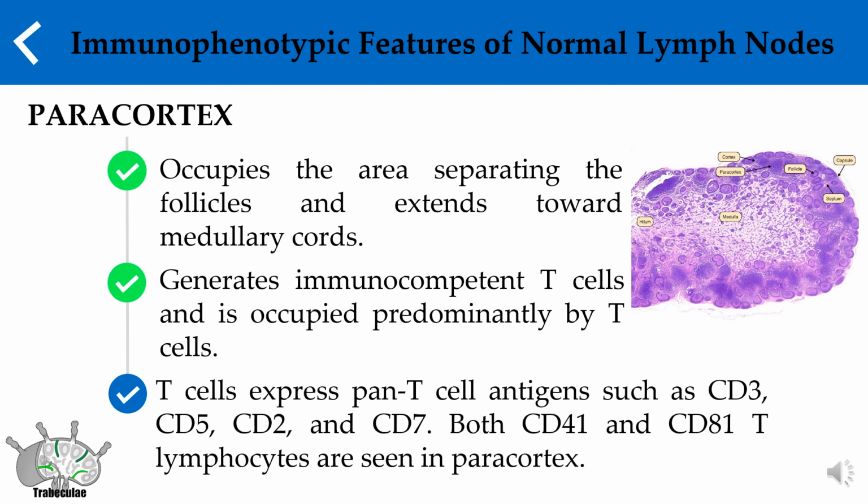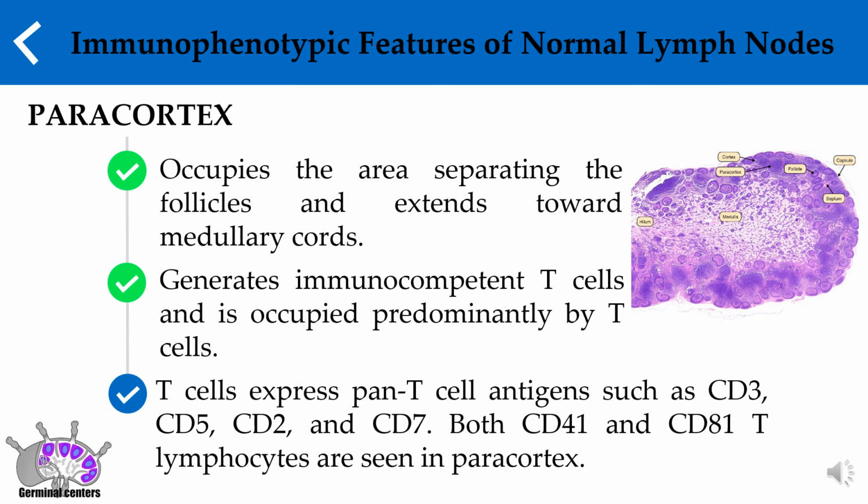Next is the paracortex. The paracortex extends from the follicles to the medullary cords, occupying the space between them. T cells, interdigitating dendritic cells or the antigen-presenting cells, and high endothelial venules occupy this compartment, which produces immunocompetent T cells.